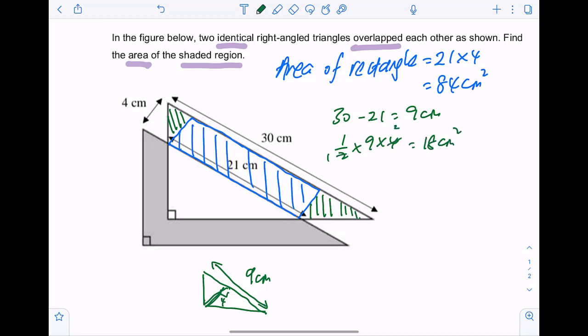That is 18 square cm, and the combined area that we need is 84 plus 18. And that will give us 102 square cm. Final answer for this question.